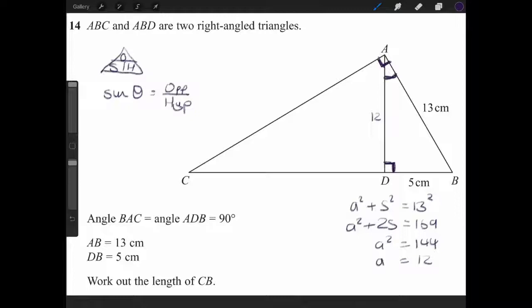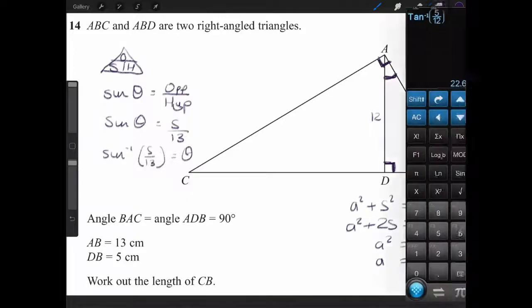So opposite over hypotenuse. So the sine of the angle is going to be, in this case, 5 over 13. To find the angle, therefore, I do the inverse sine of 5 over 13, and that gives me the angle.